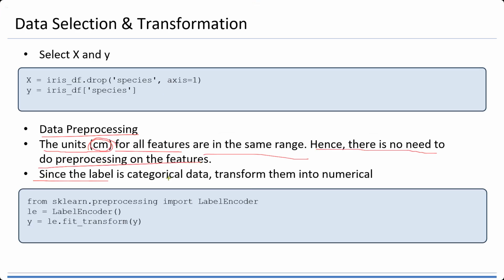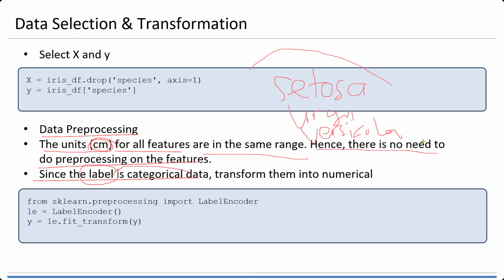Now, there is something that we need to convert or transform, which is the label. The label that you saw before is categorical data: setosa, virginica, and versicolor. We need to change these three labels into numbers because the computer cannot understand categories.